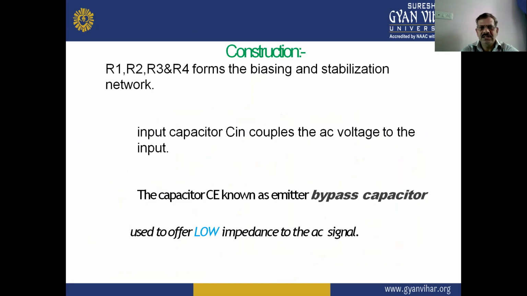And the input capacitor Cin couples the AC voltage to the input, and the capacitor Ce, known as the emitter bypass capacitor, is used to offer low impedance to the AC signal. So this is the use of the emitter bypass capacitor.